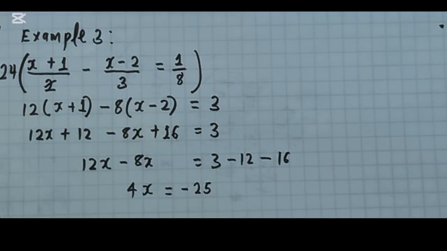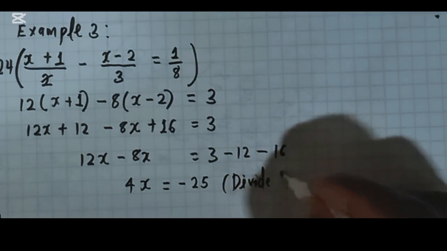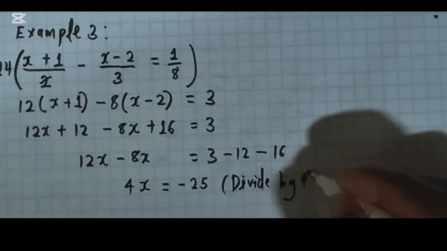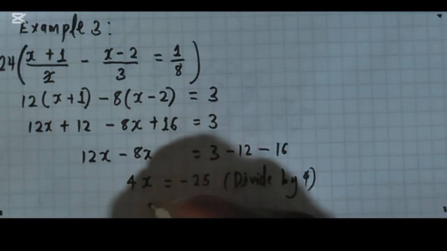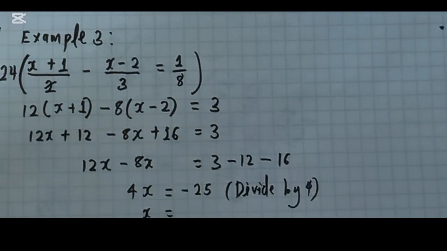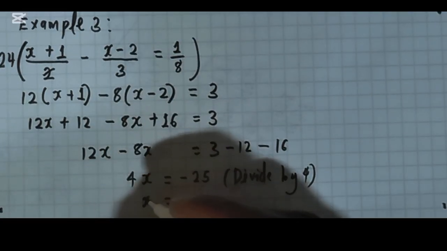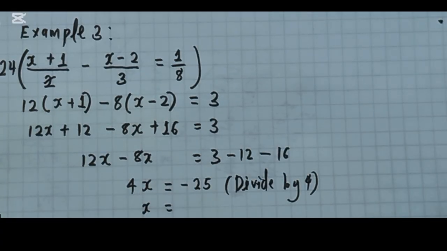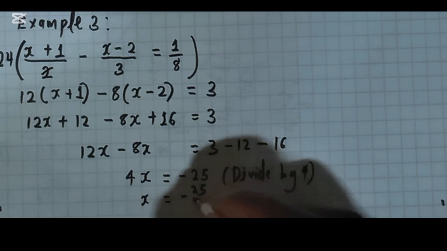For us to solve for x, we are going to divide both sides by 4. Notice when you divide both sides by 4, x will be equal to negative 25 all over 4.